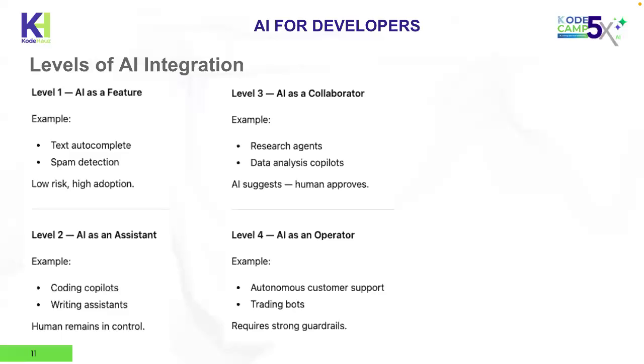So there's a little less control. It's more of a review process, not that I own it and I still go through it, right? So you just approve and it sends it out. So that's AI as a collaborator. So this is kind of agentic mode now. And then level four is AI as an operator. In this case, the AI basically handles the whole thing, right?